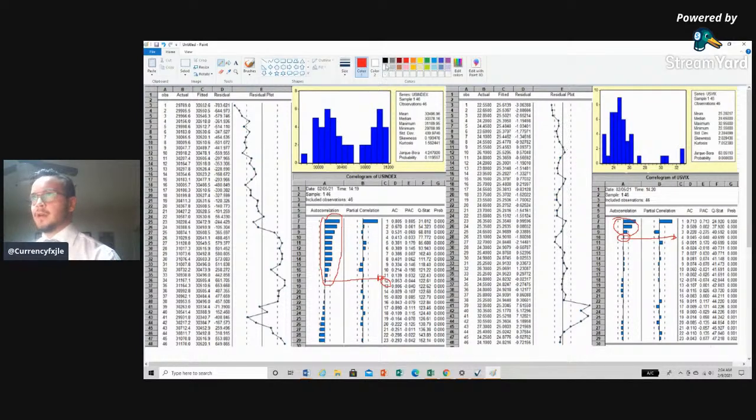If you see the residual plot over here, this is the residual graph, you can see that much of the data is in between these ranges. So supposing this is the lower bound and this is the higher bound, much of the data is going to be in between those numbers.